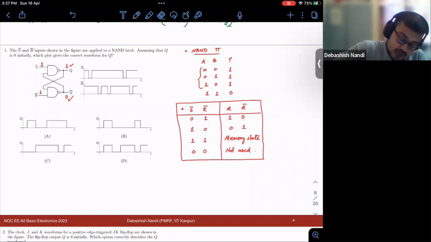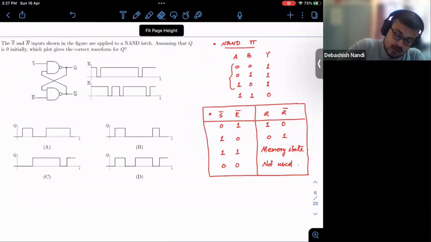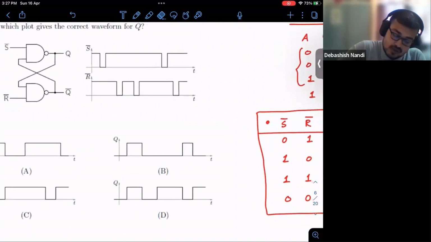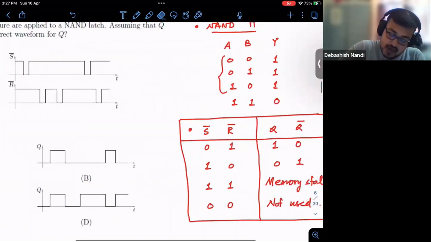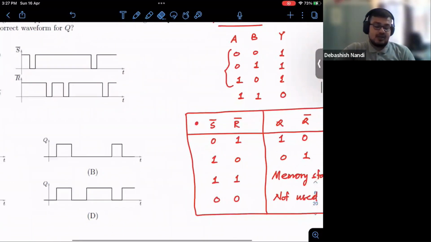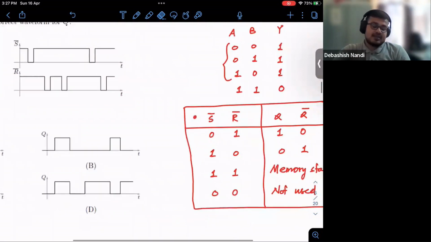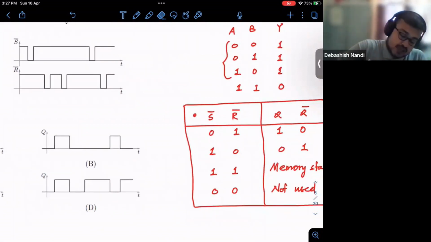Fine. So now let us see. Let me zoom it up, and this much we know, right? So now what we are asked is that your input is given like this, and we need to draw the Q waveform, right?